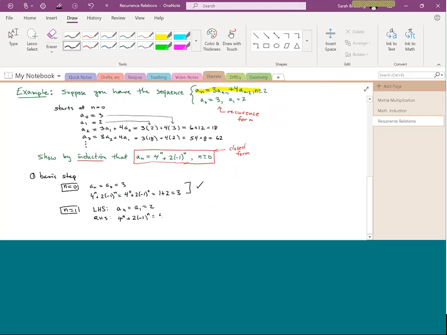So this is 4 plus 2 times negative 1, or when you simplify that, it is, of course, 2. Notice so far, both of these were given. They were what's known as your initial conditions, or your initial terms. So we haven't yet gotten up to that recursive formula.